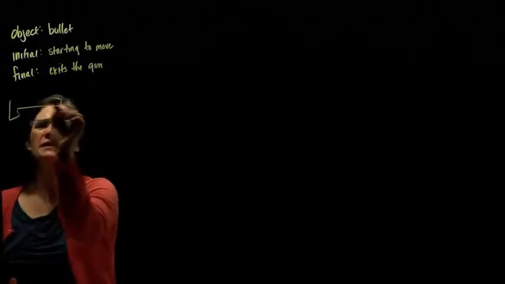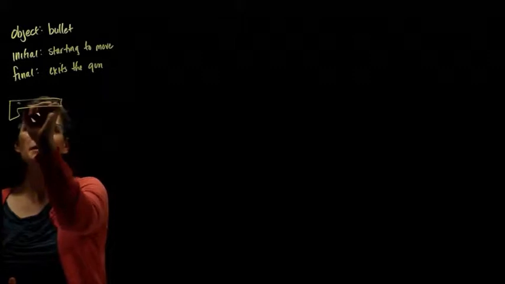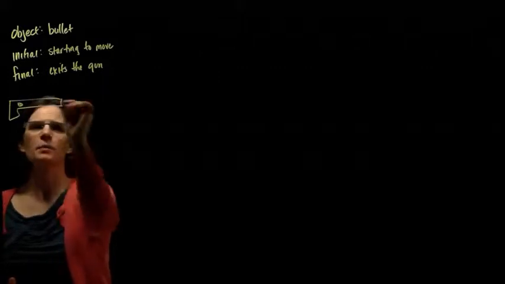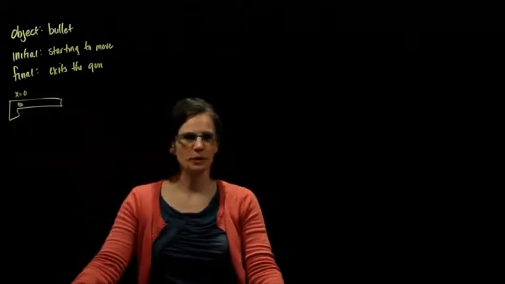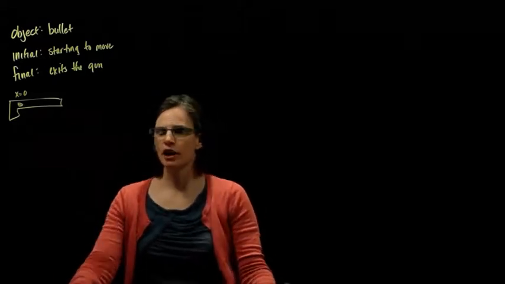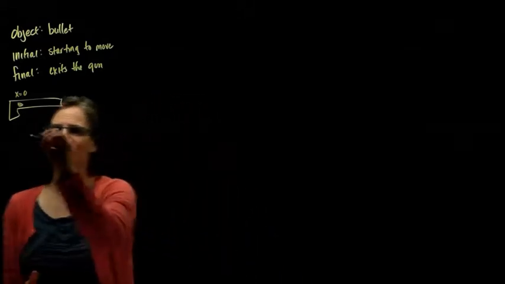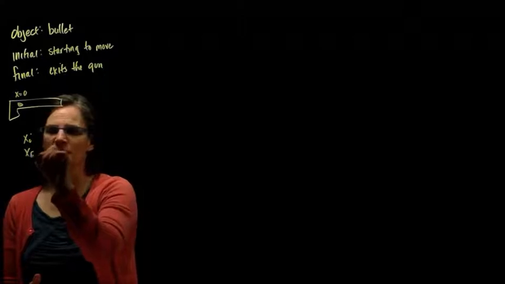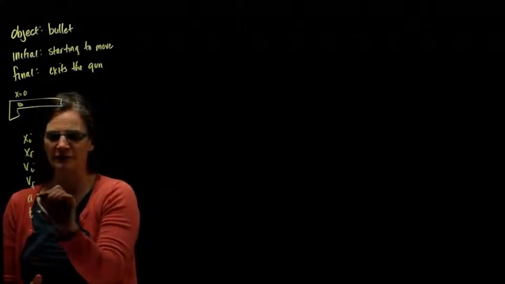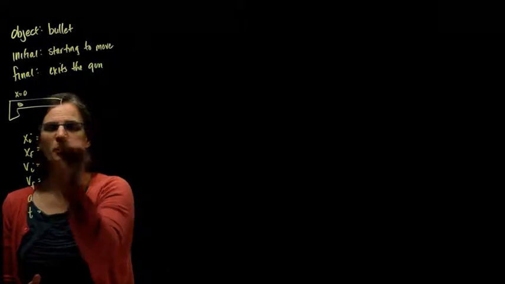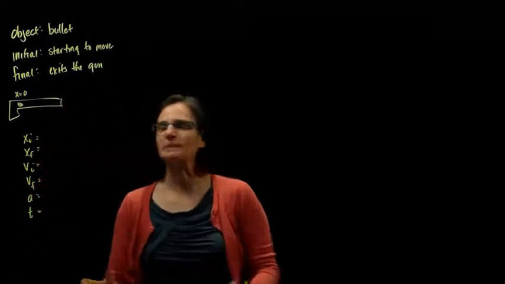Here's our gun, and the bullet starts at this point, and we'll call that point the origin, so where the bullet is within the gun. All right, in kinematics, then we look at our known variables. So we have x initial, x final, v initial, v final, acceleration, and time. It's always important to think, are we in one dimension or two dimensions? We're in one dimension.